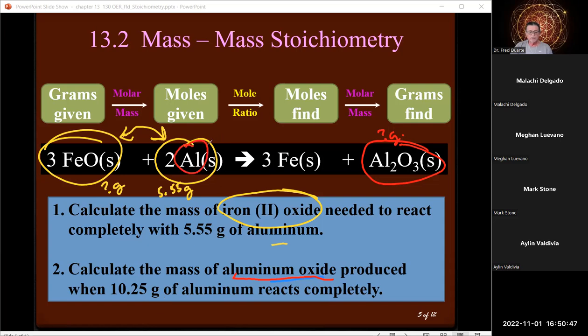So I'm looking at aluminum again, and if I have 10.25 grams of aluminum, how many grams of aluminum oxide am I going to make? I'm not concerned about the other species, because that's not what the question is asking me.